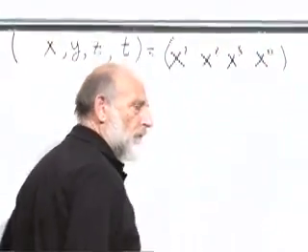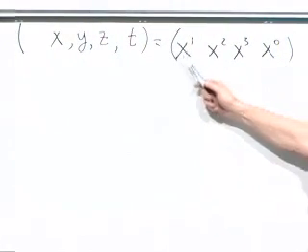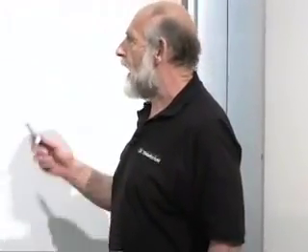Why 0 instead of 4? I don't know. That's a standard notation. Maybe I should have put the x0 at the beginning, but throughout my notes I seem to have put the x0 at the end of the line. x0, x1, x2, x3, those correspond to x, y, z, and t.